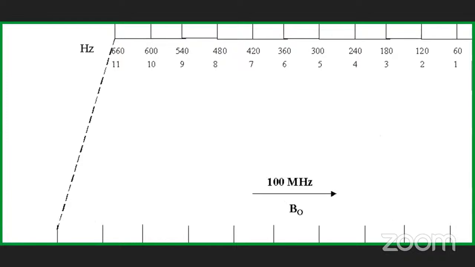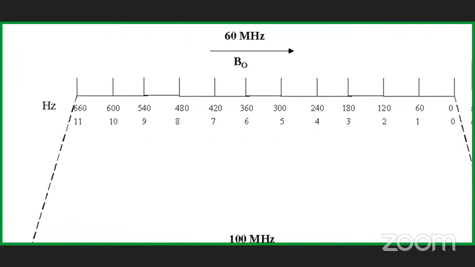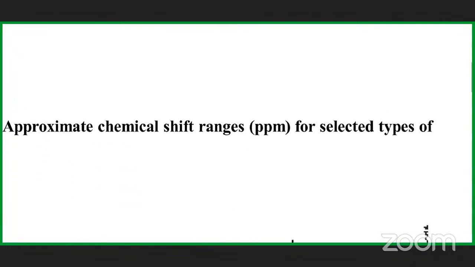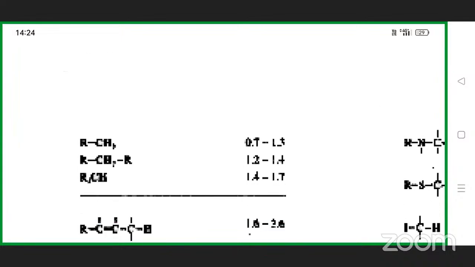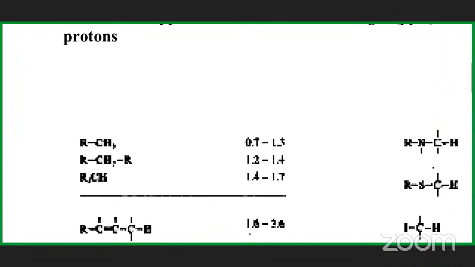And here in this table, chemical shift values are given. Depending on the type of protons and the attachment of these atoms, we know that there are so many factors influencing or affecting the chemical shift values, like electronegativity, anisotropic effect, hydrogen bonding, steric hindrance, angle strain, steric strain.